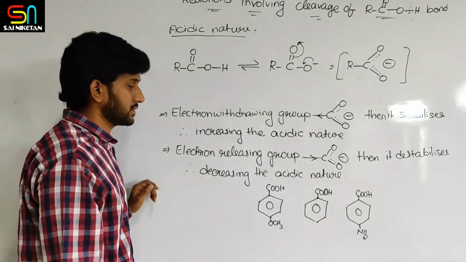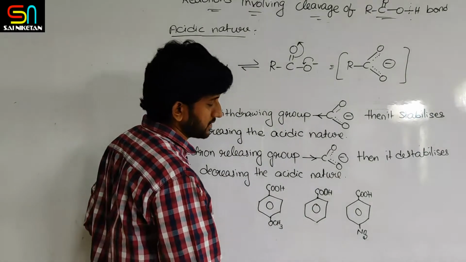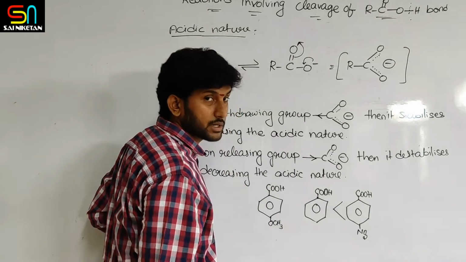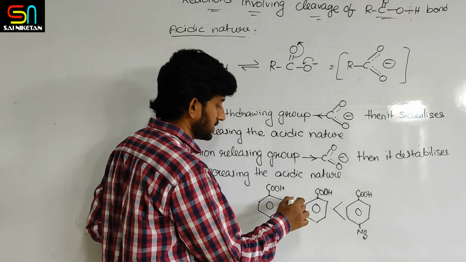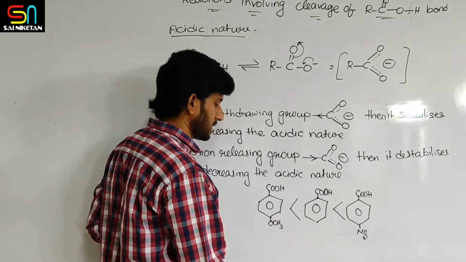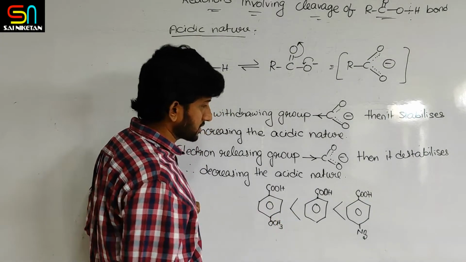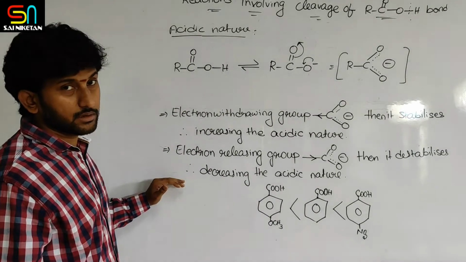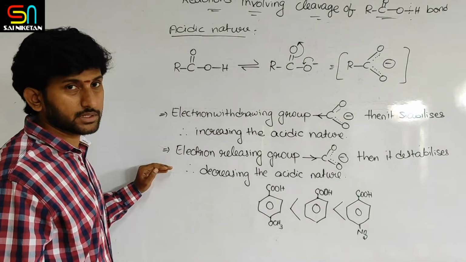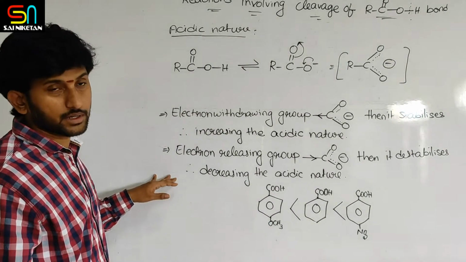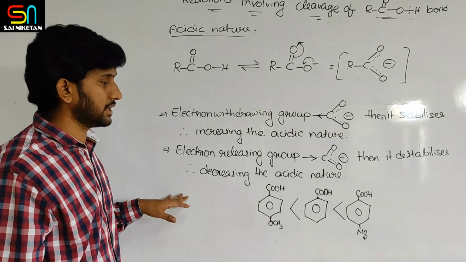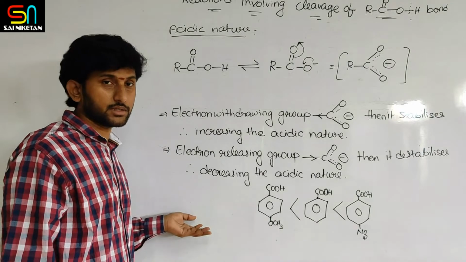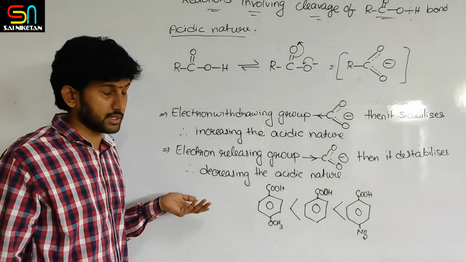If you consider these, which is more acidic? Nitro group containing benzoic acid is more acidic than normal benzoic acid, which is more acidic than methoxybenzoic acid. Likewise, we'll see a few examples of different kinds of benzoic acids and other acids and their acidic strengths.